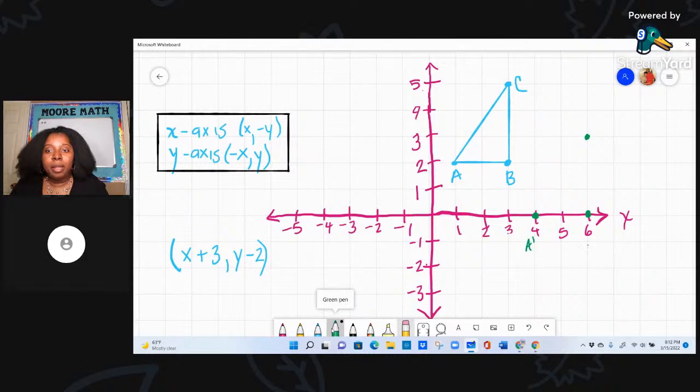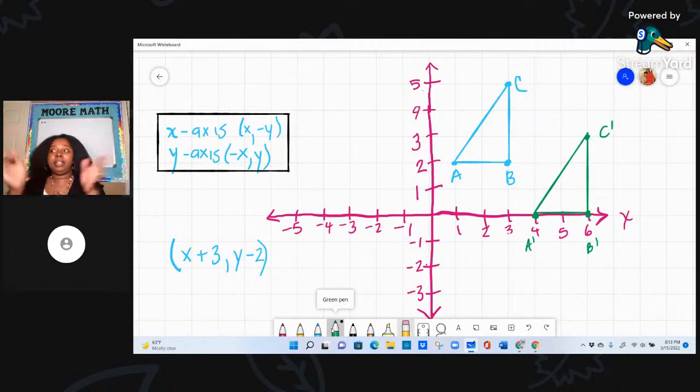So here's A, B, and C. So you feel pretty good about translations, right? Yeah. Okay. Now, if they show you a figure like this, two different things, and they say, what transformation is this? Is this a translation or is this a reflection? What would you say?